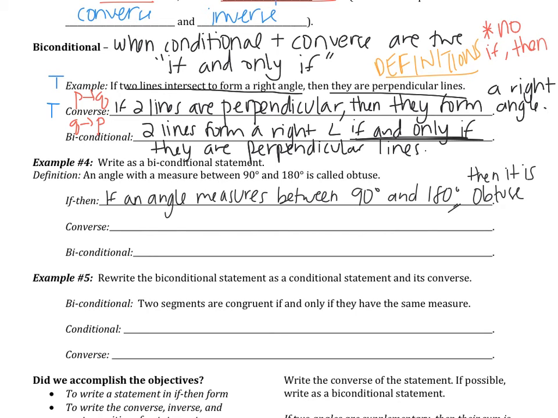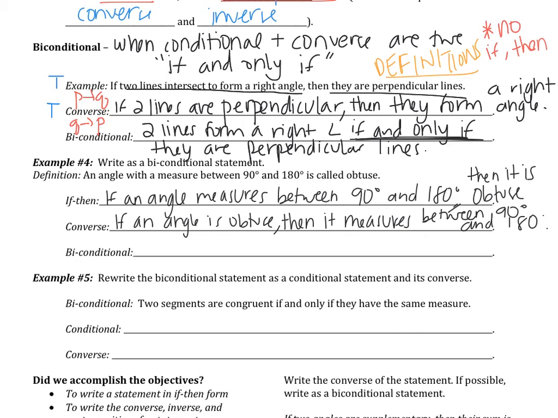Okay, the converse, so just flip it. If an angle is obtuse, then it measures between 90 degrees and 180 degrees.